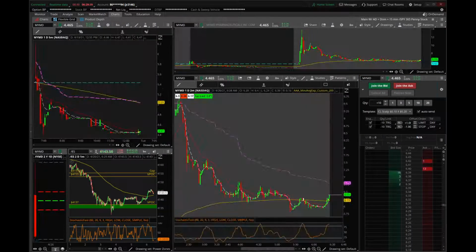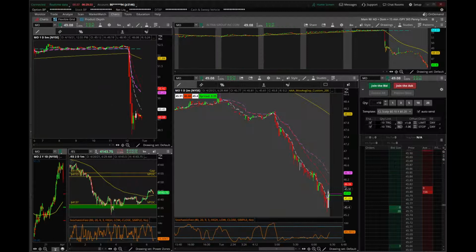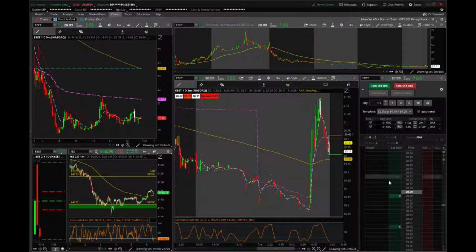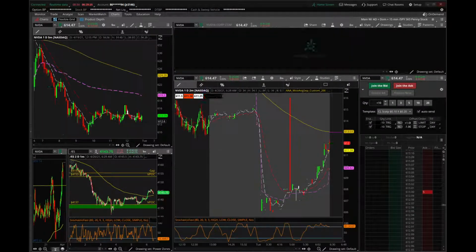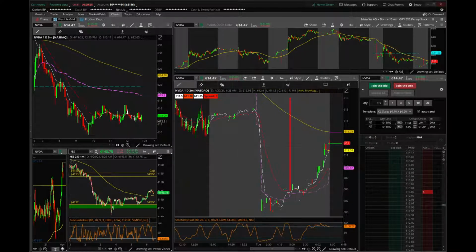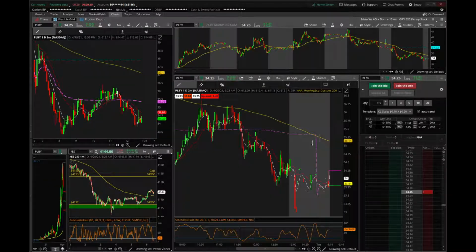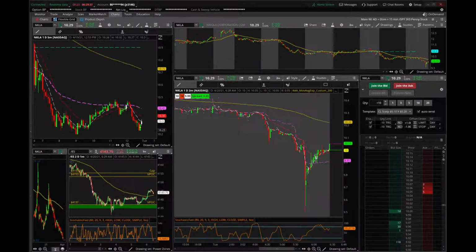I'm going to just scan through these, see if there's anything I like real quick, and we will see. Also, when there's really no volume like this, wide spread, not a ton of volume, I'm not a big fan of it. Let's pull up Coinbase.